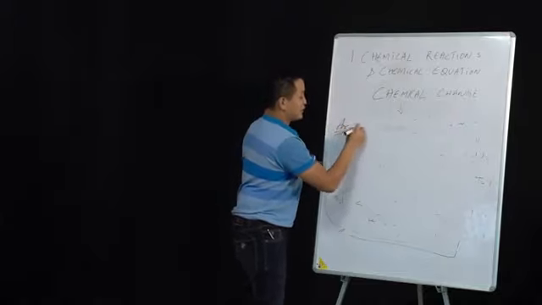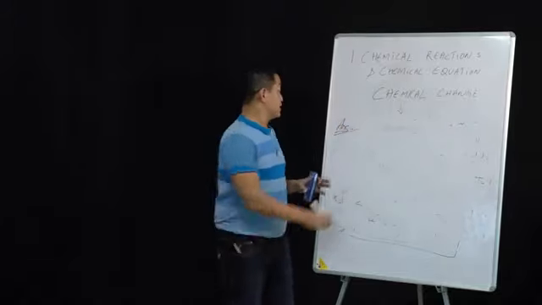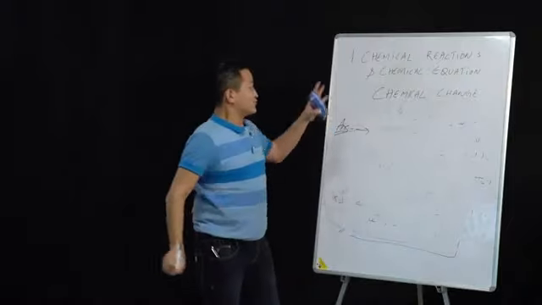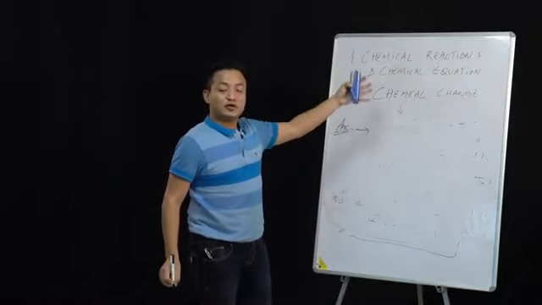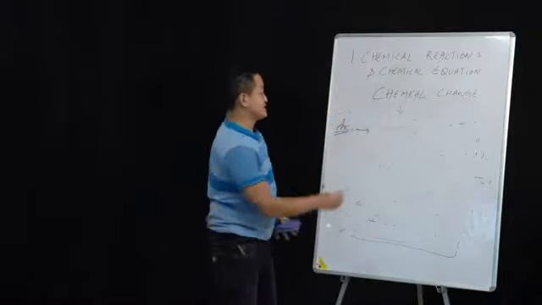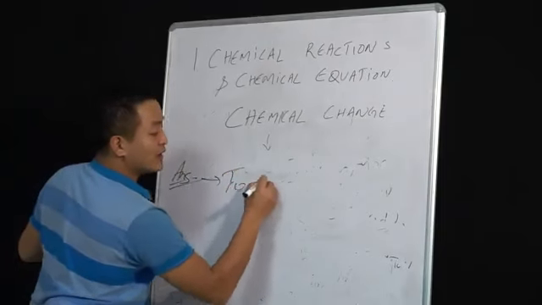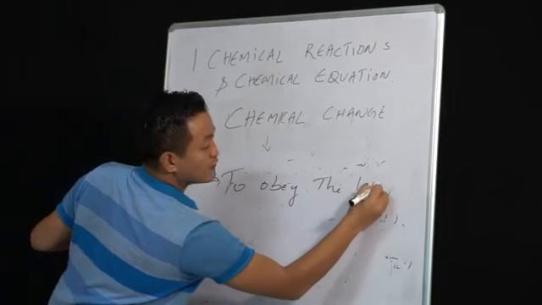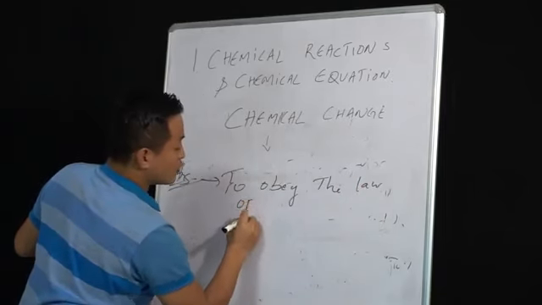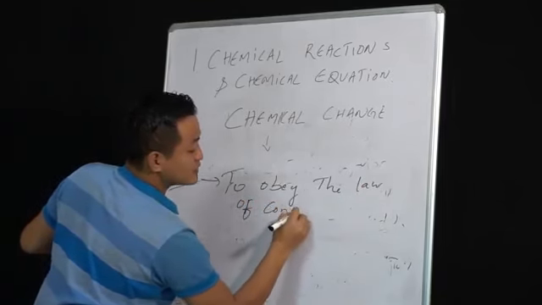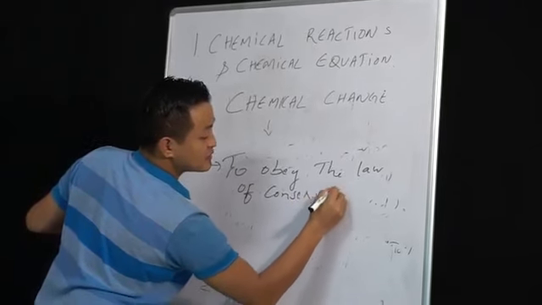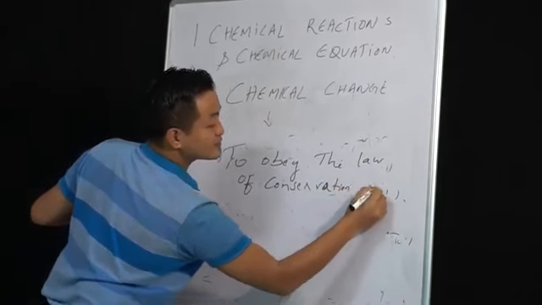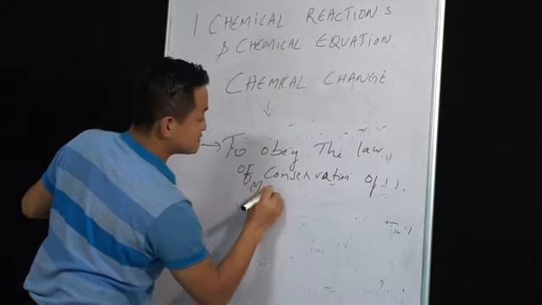I'll assume that you have written the question. A chemical equation needs to be balanced to obey the law of conservation of mass.